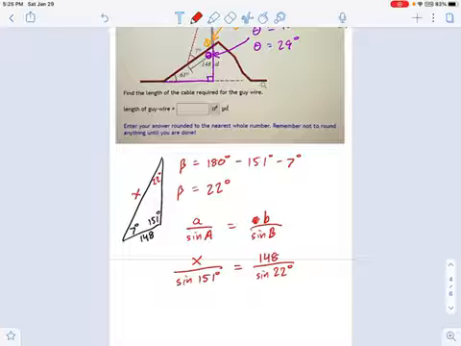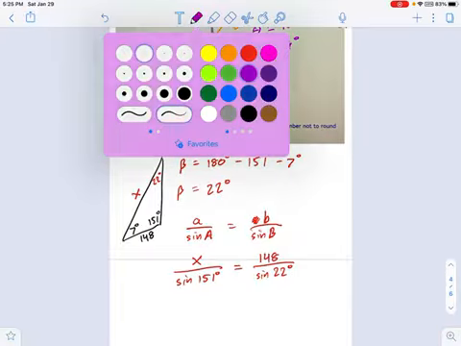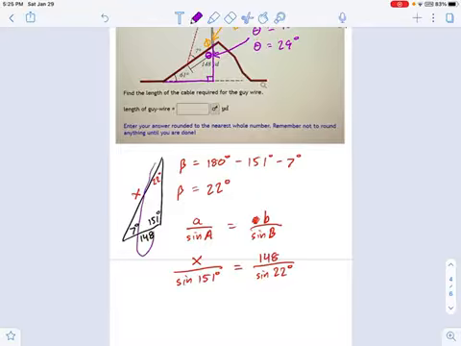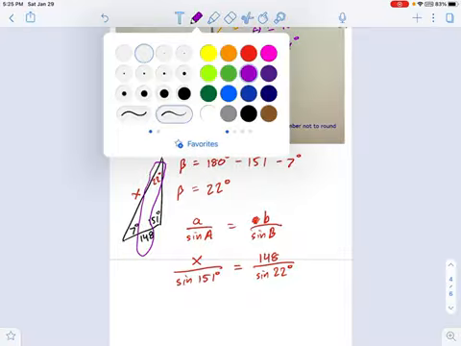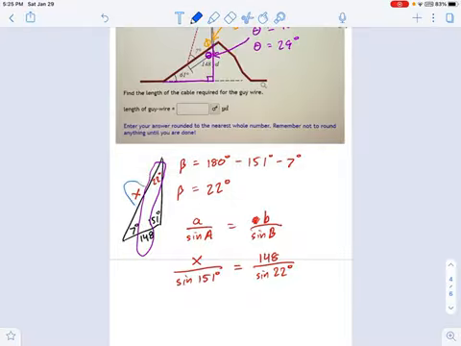So I want you to stop here and really make sure you understand why I assigned those variables as I did. Okay, here's an opposing pair, 148 and 22 degrees, and here's another opposing pair. Okay, this is the one I'm solving for, x and 151 degrees.